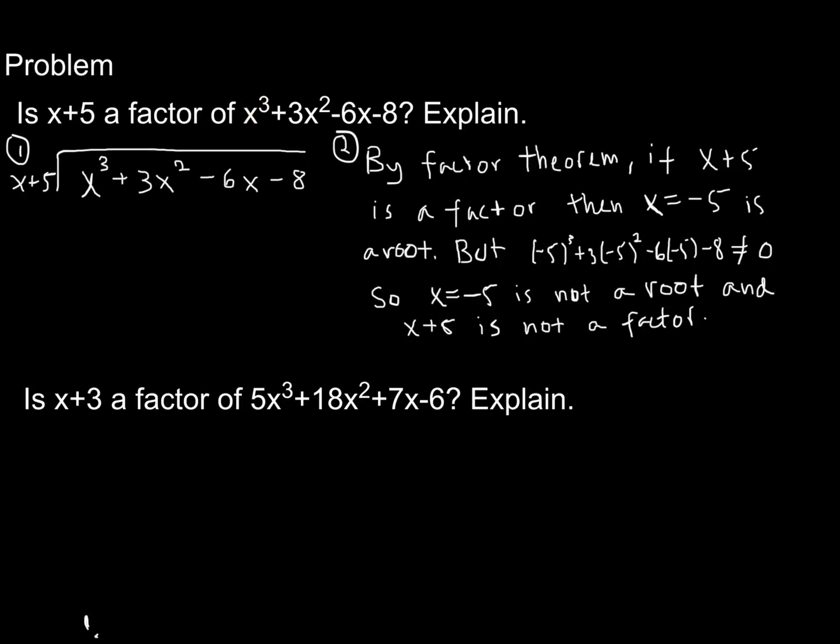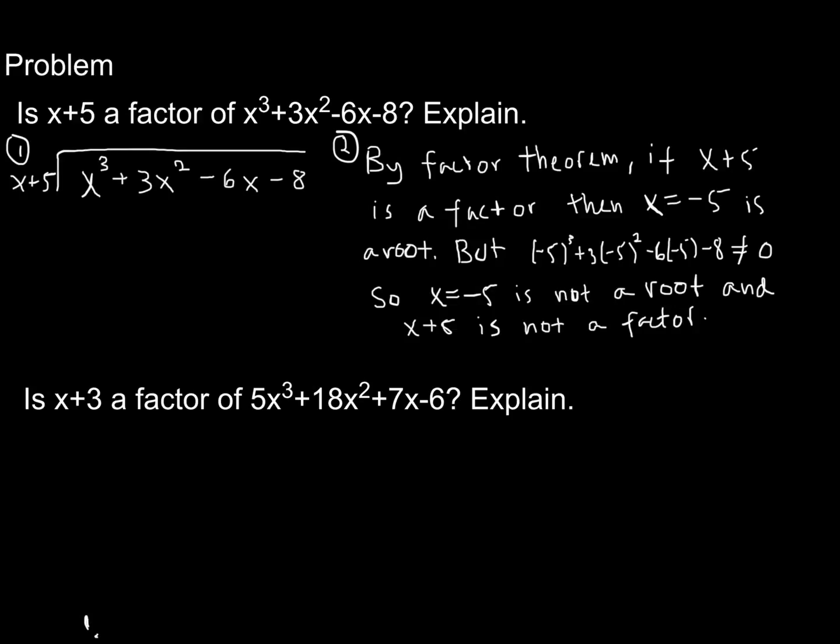So you could use the remainder theorem, go ahead and plug negative 5 in, and the value that you get will be your remainder. And so you can say, well, by the remainder theorem, this is my remainder, 28 or whatever it is. Therefore, x plus 5 does not go in evenly and is not a factor.